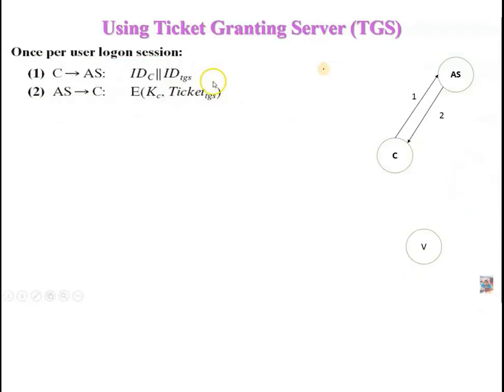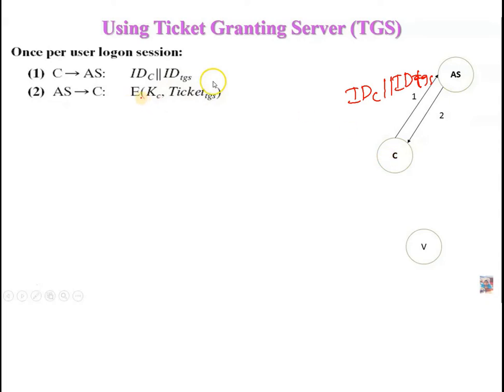So in the first step, C is communicating to AS IDC along with the ID of TGS. And we know the job of AS: it will generate the ticket, and that ticket will be sent back to the C.